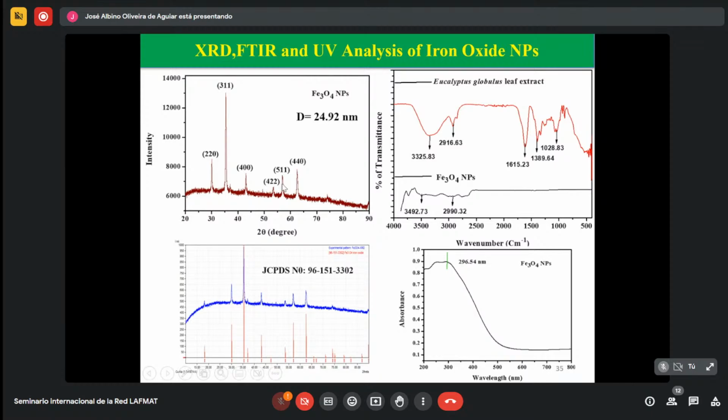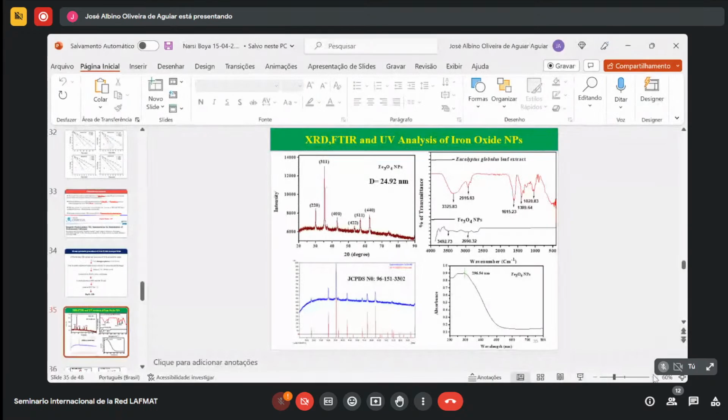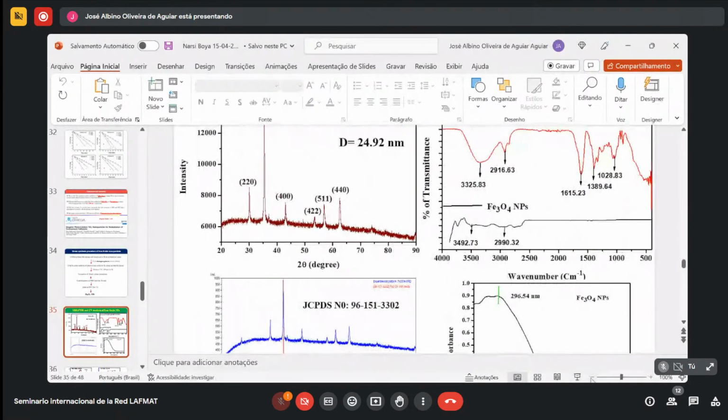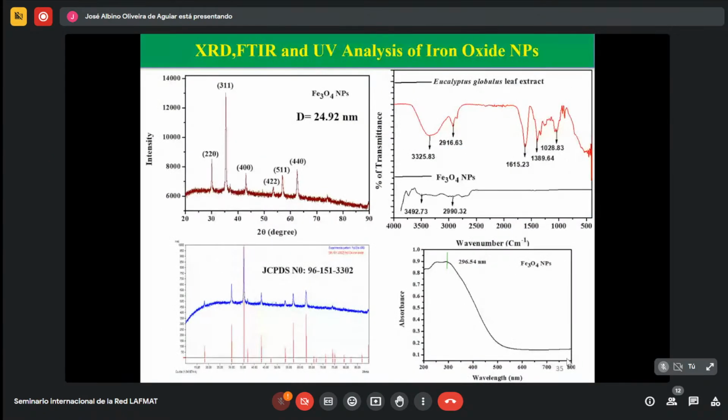It's possible to amplify the slide. You have an asymmetric peak, and it's 511.